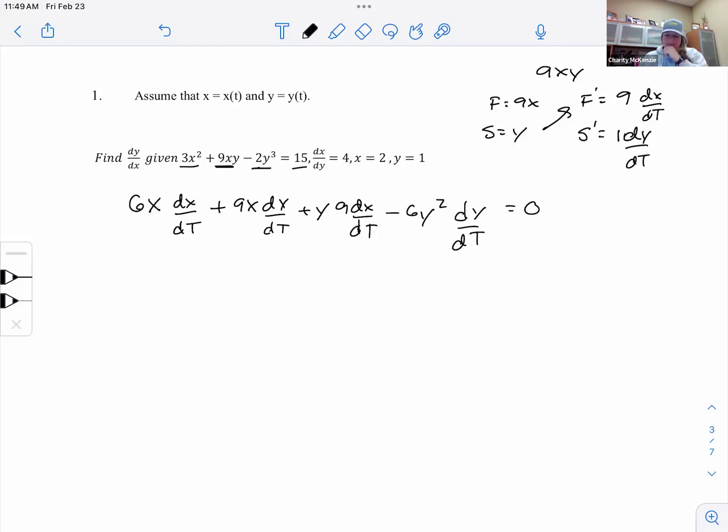Okay, not pretty, but I can now substitute in all the variables that I know. So I do know 6 times what's x? 2. Do I know dx/dt?